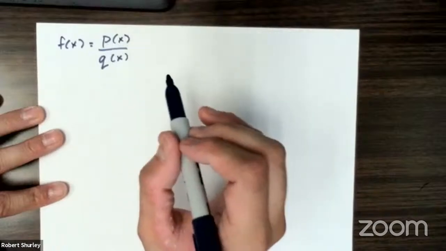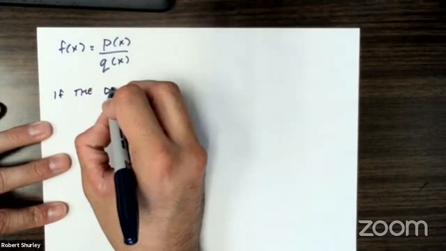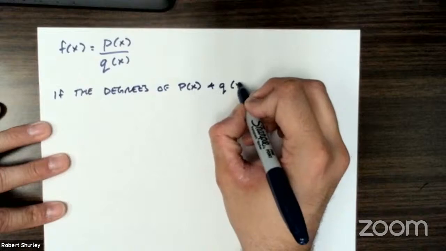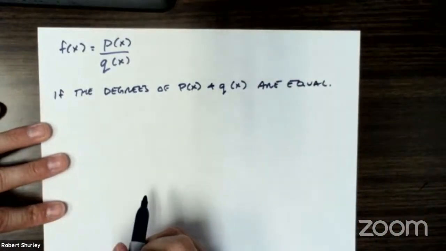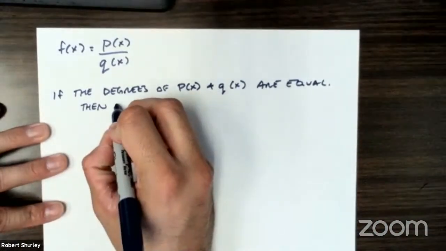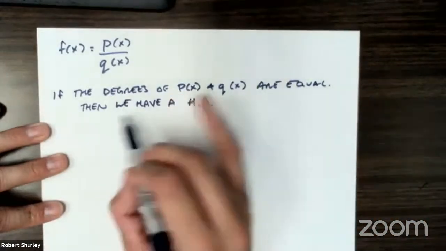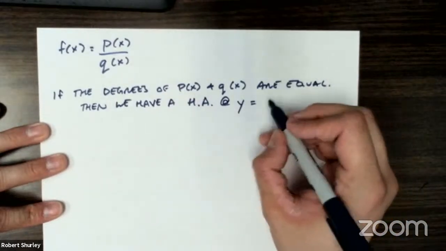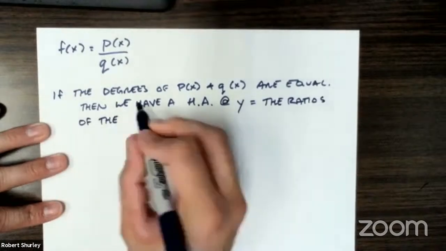It turns out that if the degrees of p of x and q of x are equal, then we have a horizontal asymptote, HA, at y equals the ratio of the leading coefficients.